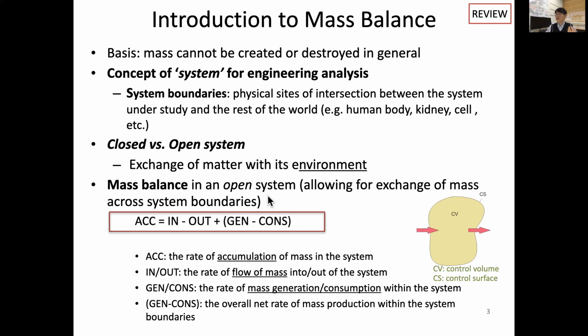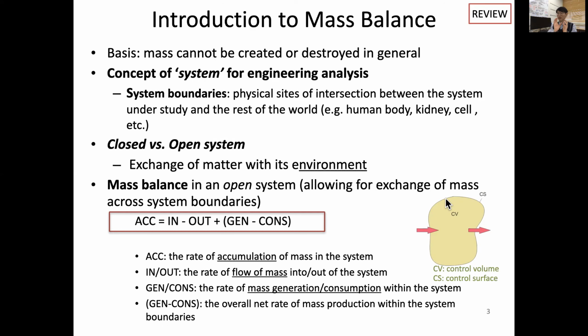So in an open system, we consider mass balance. An open system allows exchange of mass across the system boundaries. Then we consider only what is inside the system, how much mass will be accumulated or changing. That's our main interest.